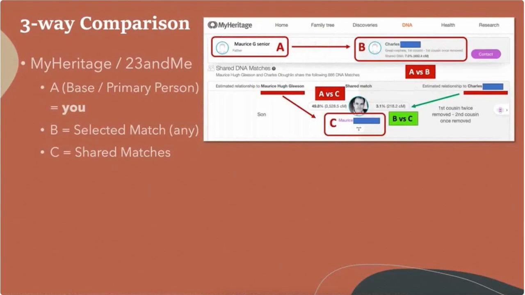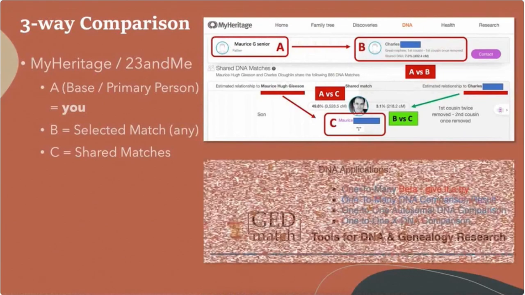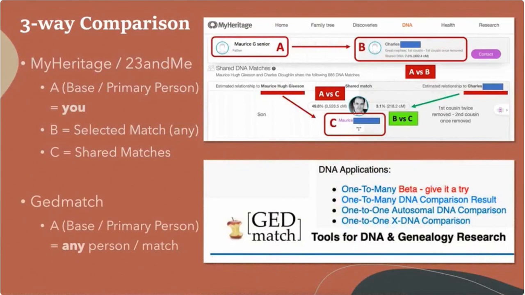The interesting difference between the kind of shared DNA matrix you can build using MyHeritage and 23andMe data and the kind you can build using GEDmatch is that on MyHeritage and 23andMe, you are the base person, and it compares you to all of your various matches.